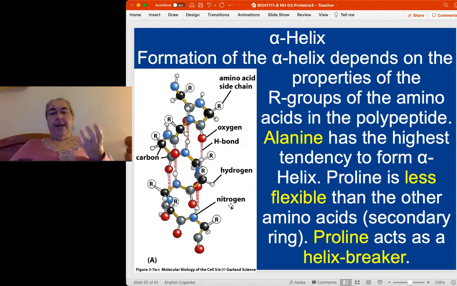So different amino acids have a different ability to form alpha helix.